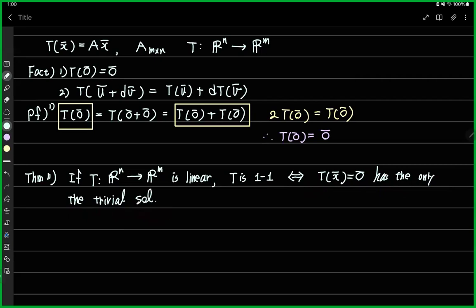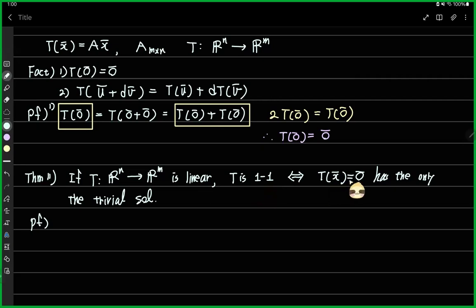Okay, here's the proof. What does that mean? If T is linear and 1 to 1, what does 1 to 1 mean? For each input X there exists only one corresponding output Y, and distinct inputs give distinct outputs.